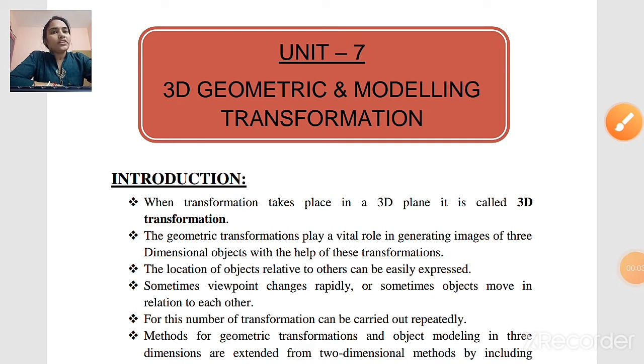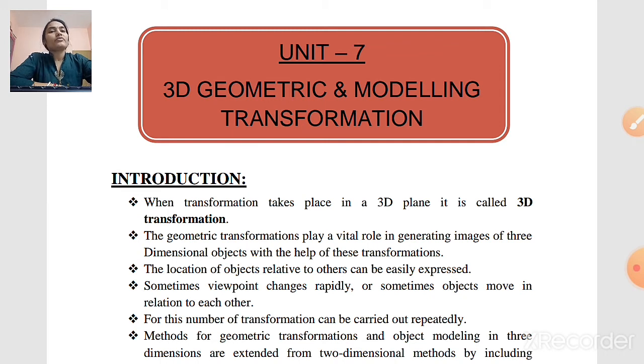3D geometric and modeling transformation. When transformation takes place in a 3D plane, it is called 3D transformation. Geometric transformations play a vital role in generating images of three-dimensional objects.